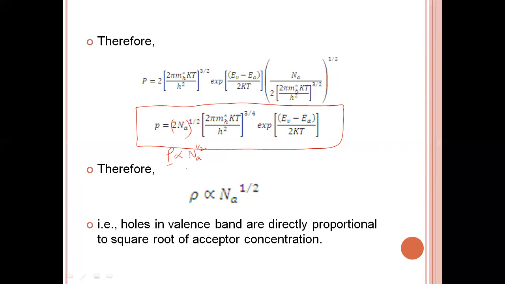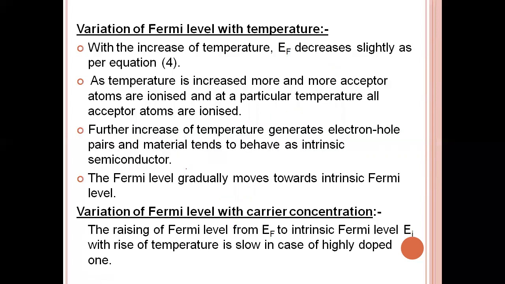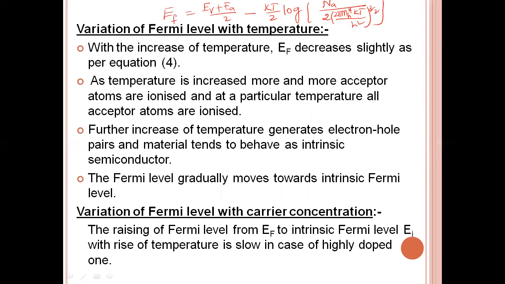Now let us see the variation of Fermi energy with respect to temperature and carrier concentration. For that, we just need the expression for Fermi energy that we derived earlier for p-type, that is EV plus EA by 2 minus KT by 2 log Na by 2 into 2 pi mh star KT by h square power 3 by 2.